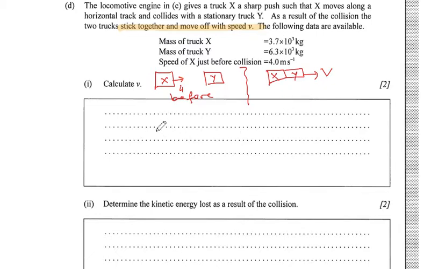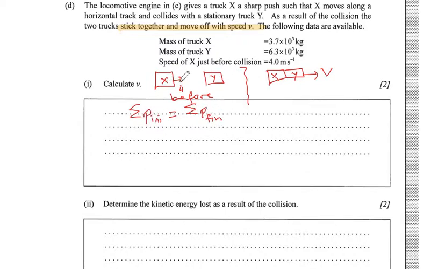So we are going to use the idea of momentum conservation. So I'm going to use total momentum before, initial, equals total momentum final. You can write this as before and after.